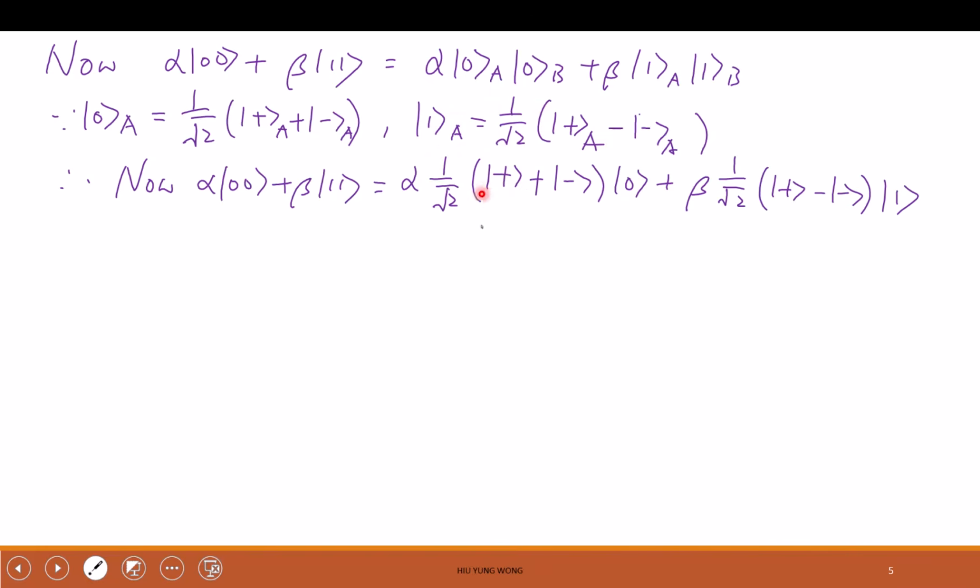|0a> becomes 1 over square root 2 (|+> plus |->). And then |0b> is |0b>. Beta |1a> is 1 over square root 2 (|+> minus |->). And then |1b> is |1b>. I think outside it has to be inside the... Inside where?